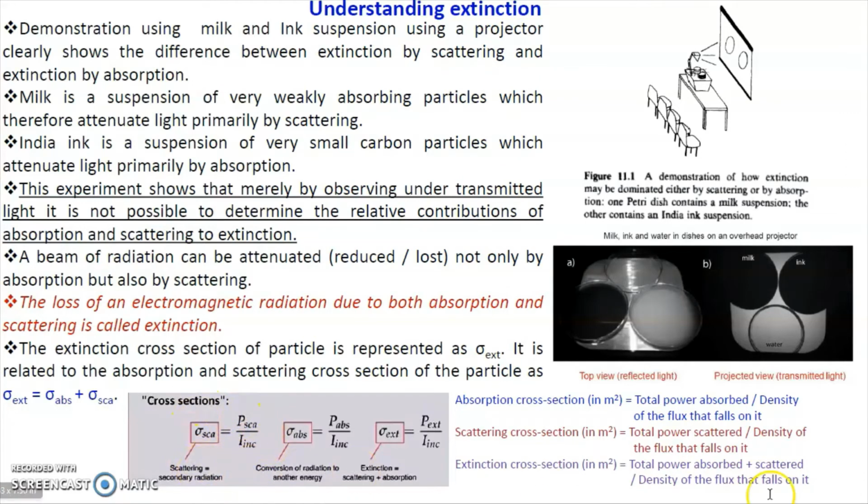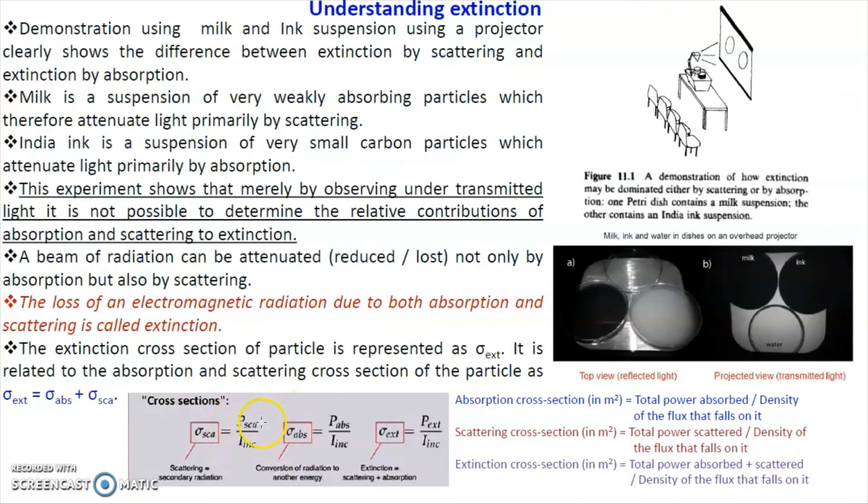What is the meaning of this? It is shown here. The scattering cross section is equal to P scattering, meaning the total power which is scattered, divided by the intensity of incident light, that is nothing but the density of the flux that falls on it. So if we make light incident, how much scattering takes place?